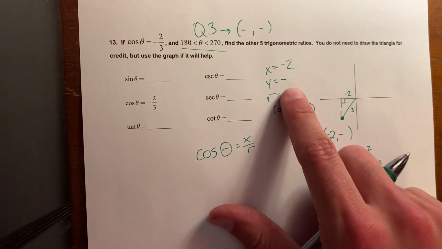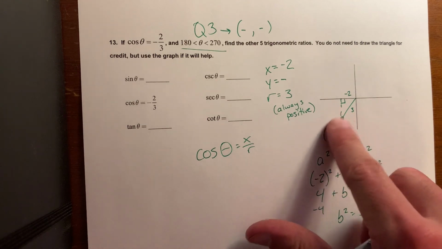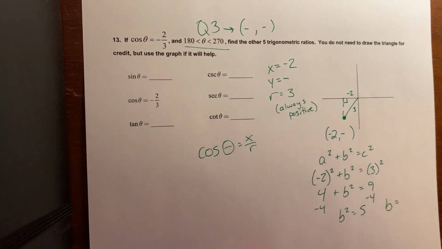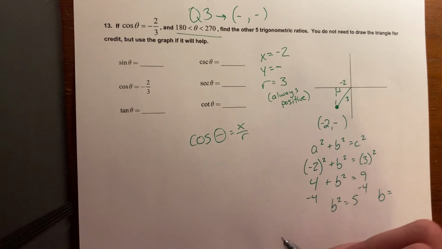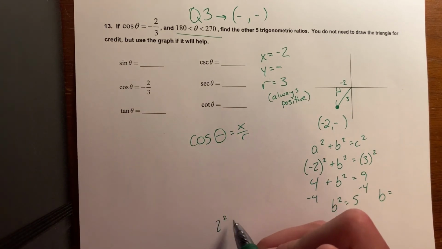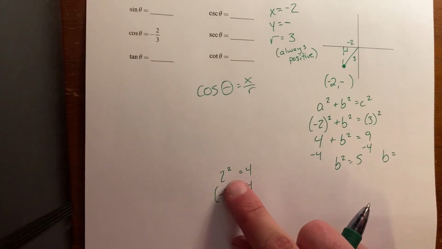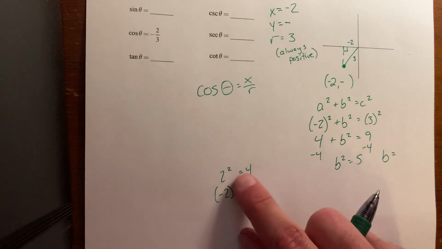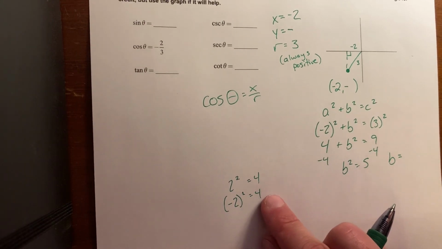Because I know that my y coordinate has to be negative, because that's the only way it would be in quadrant 3. And you remember too, 2 squared could equal 4, but -2 squared could also equal 4, right? So there's 2 answers that you could get. If you took the square root of 4, you could say it would equal 2 or -2.